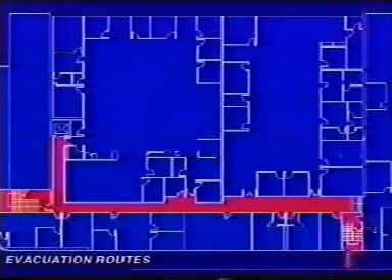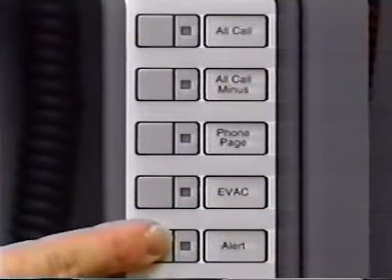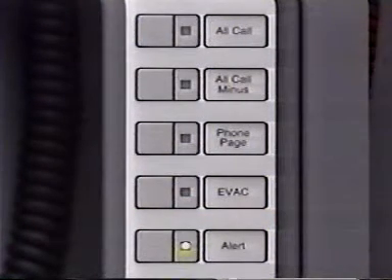For example, occupants may be directed to follow the evacuation plan but not use the elevators. Then, use the alert function to notify areas not in immediate danger to prepare to evacuate, or to notify those areas that people being evacuated may be entering their area as an area of refuge.